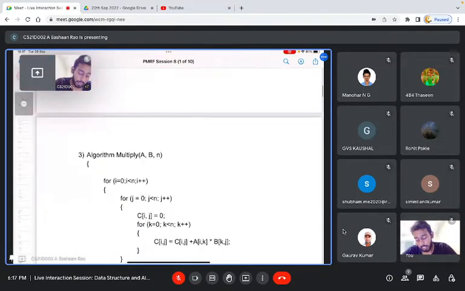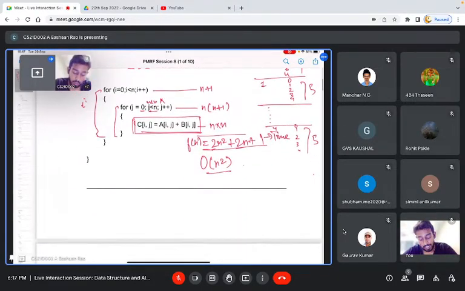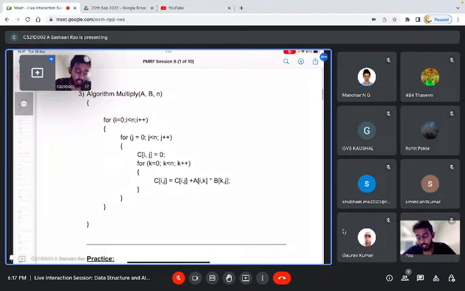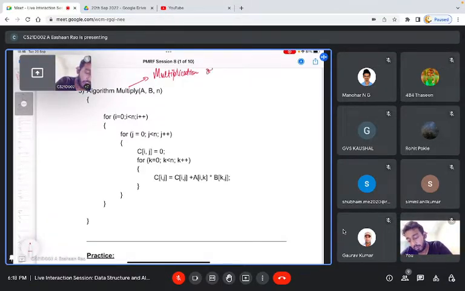Okay, so we have seen till now O of n, and this is O of n square, and now we are going to see multiplication of two matrices. These are the types of problems you generally solve in computer programming, where it involves 2 loops, 3 loops, 1 loop, and we will see variations in loops as well.